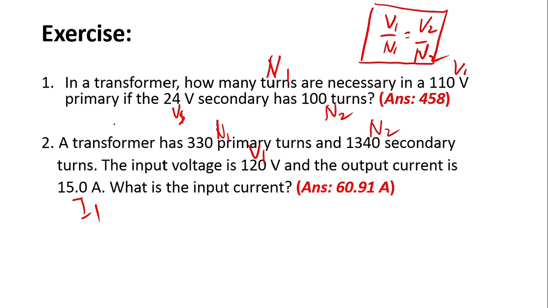Nilai dia nak cari apa? Current. So dia dah cari nilai N. So V1 N1 equal to V2 N2. Okay, so awak kena cari nilai V2 dulu. Betul. So dah dapat nilai V2, barulah samakan dengan I1 yang dia dah bagi.